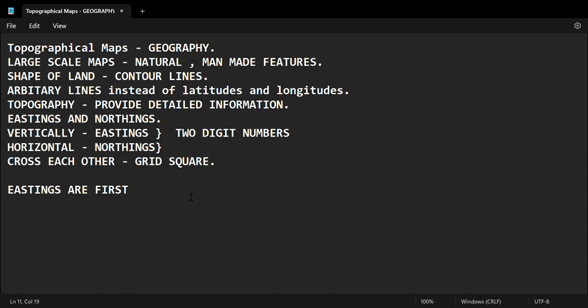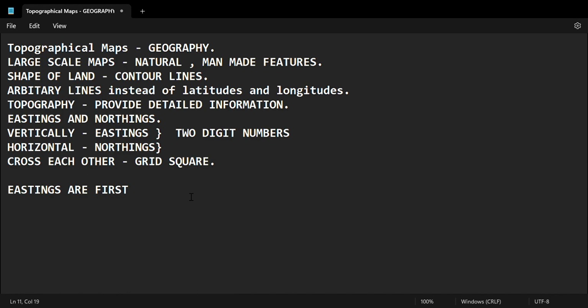To get a six-figure reference, you need to divide the grid square on the topo sheet into 10 equal parts vertically and also horizontally. And these figures will give you the third figure for eastings and the sixth figure for the northings. For example, the grid reference for the church in the six-figure diagram can be any number.